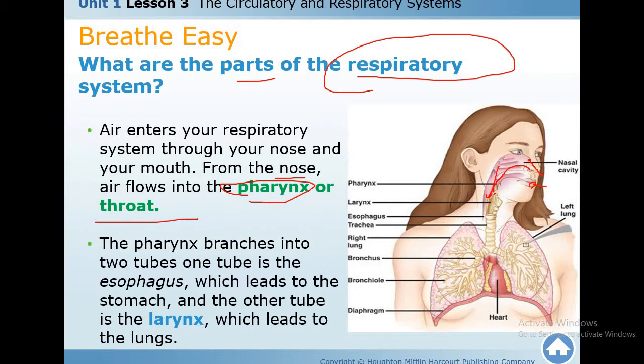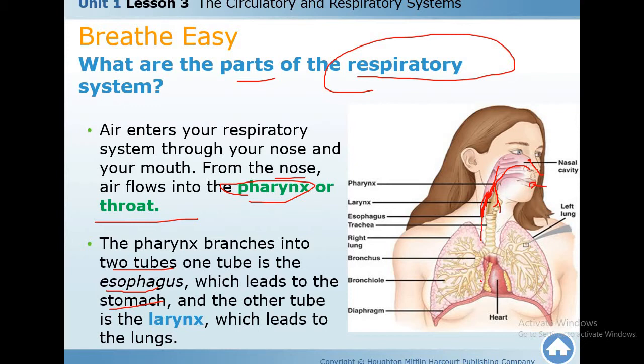The pharynx is branched into two tubes. Look, the pharynx here is branched into two tubes. One tube is the esophagus, which leads to the stomach. Food passes through and moves to the stomach.